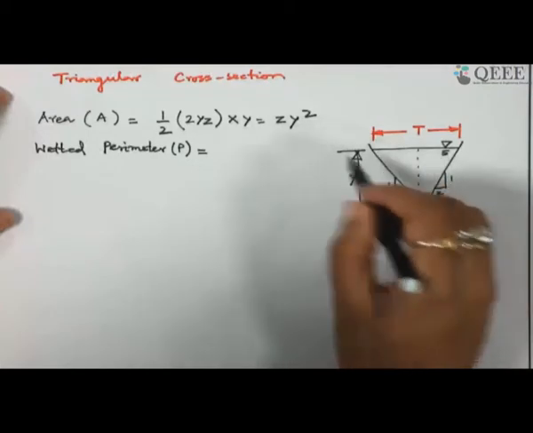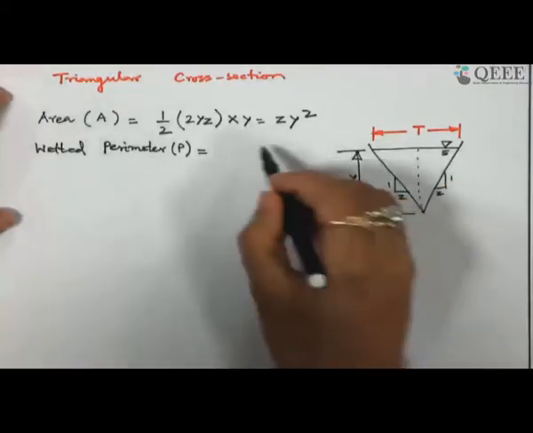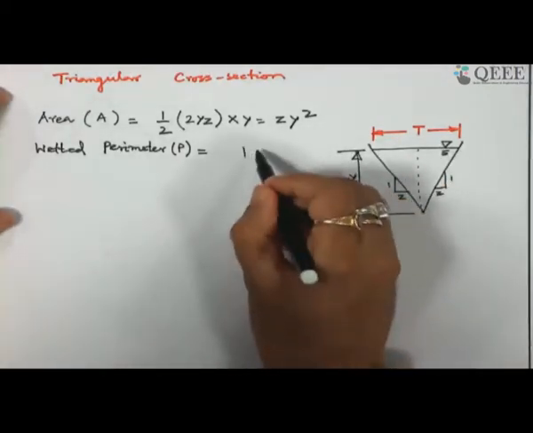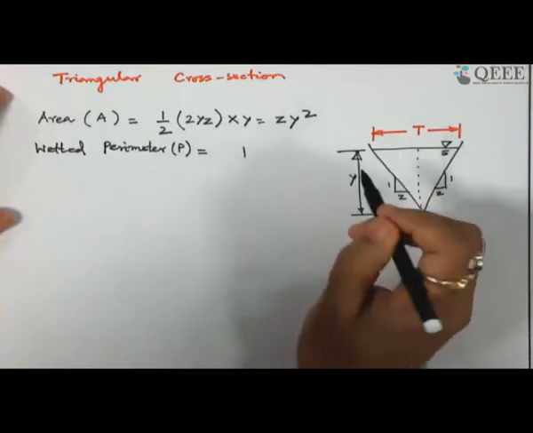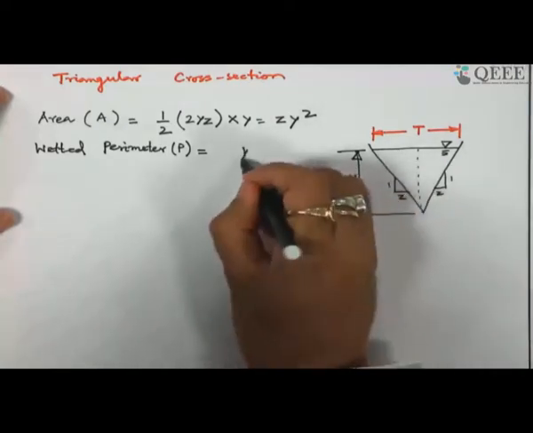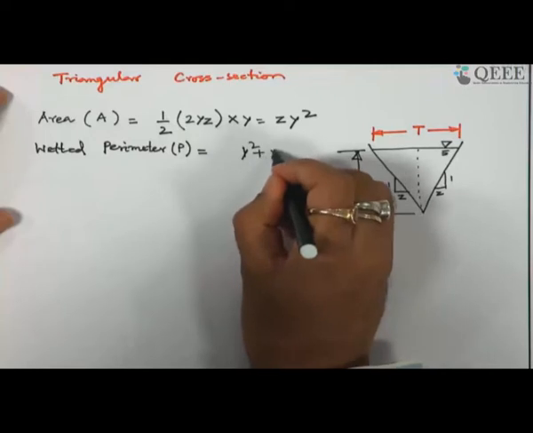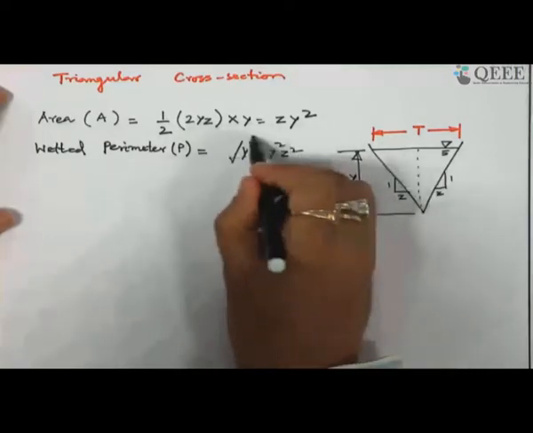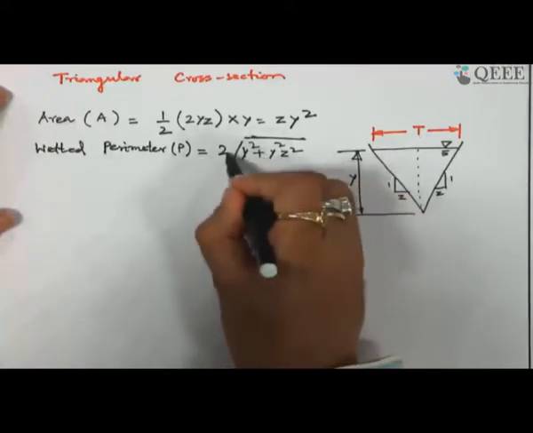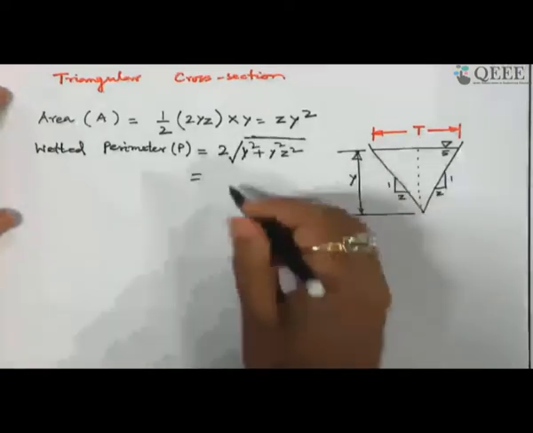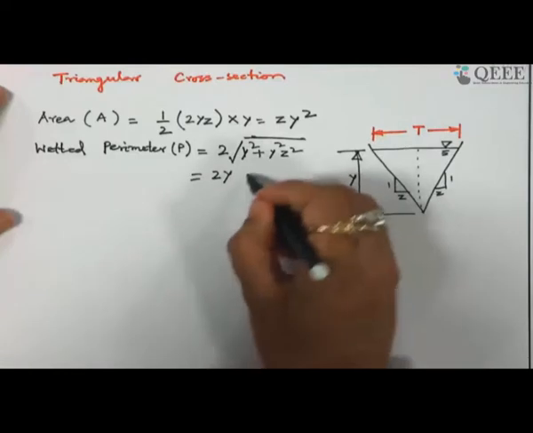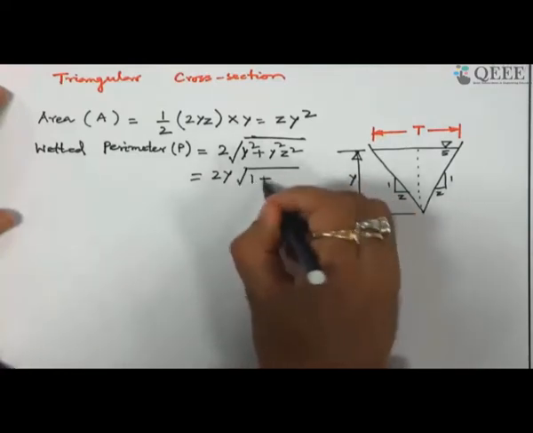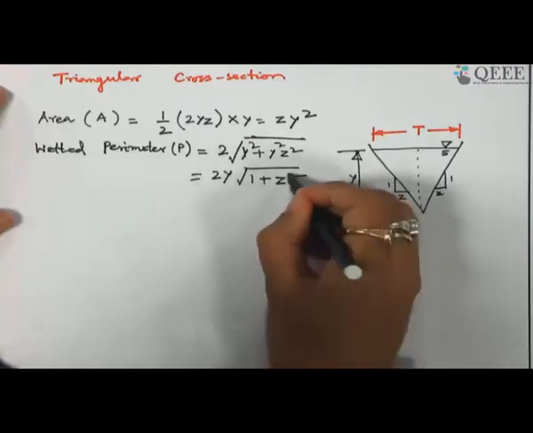This is y square plus y square z square, under the square root, and we can take out this y. So, we can write it as y square root of 1 plus z square.